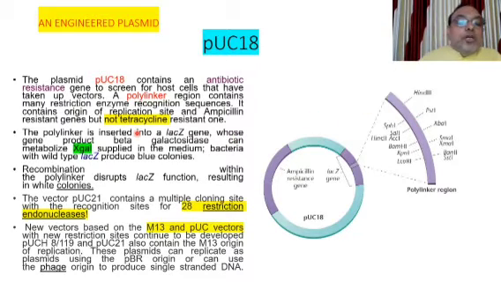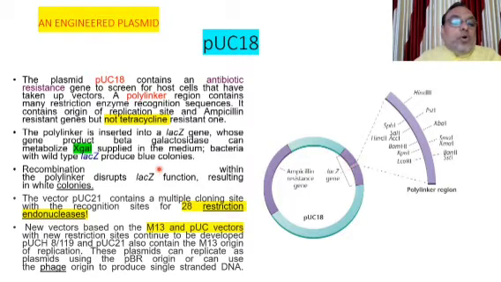Here you have got many sequences, and the tetracycline resistance is no more there. And the polylinker is inserted with its lac-Z gene. So here you have got the polylinker, that is, multiple cloning sites, and in this multiple cloning site, we have incorporated the lac-Z gene. And so this lac-Z gene is imparting a selectable characteristic to the transformed plasmid.